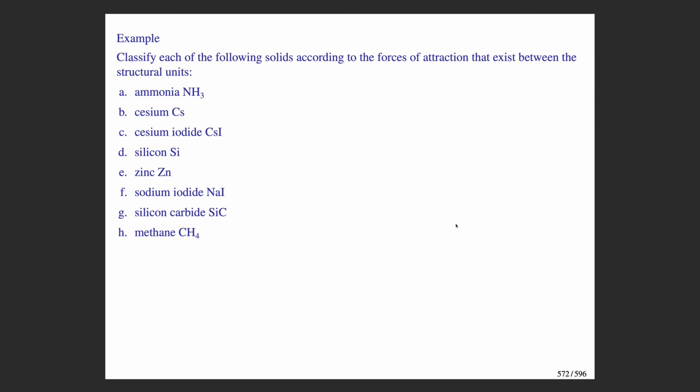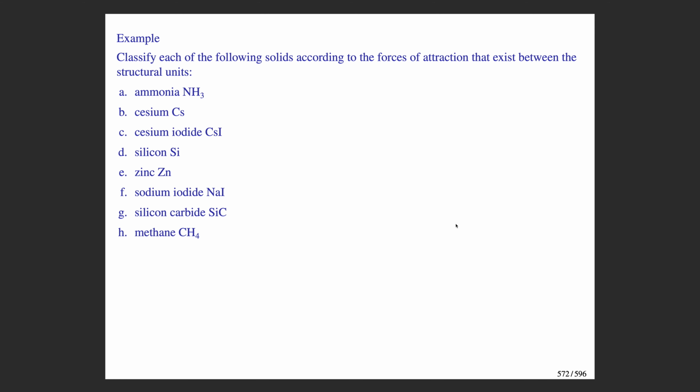So what we're being asked to do here is to classify what type of solid we would get for these different compounds. We need to look at the chemical formula, decide what type of compound it is, and then decide what type of solid structure it would form.